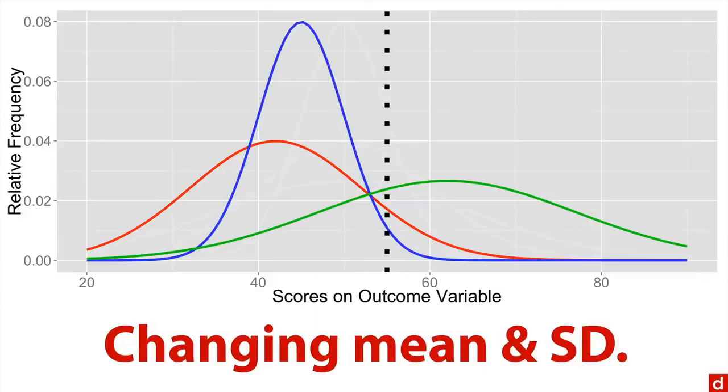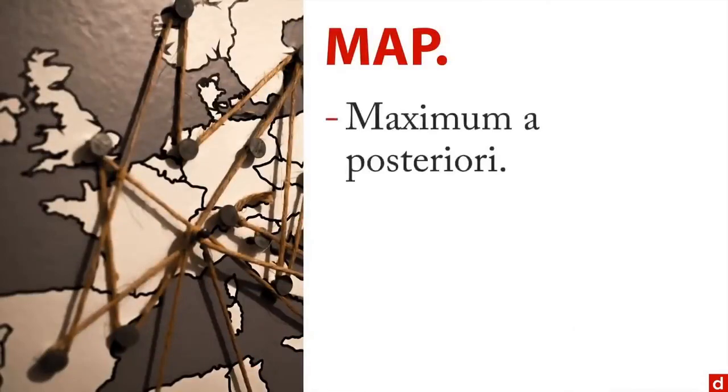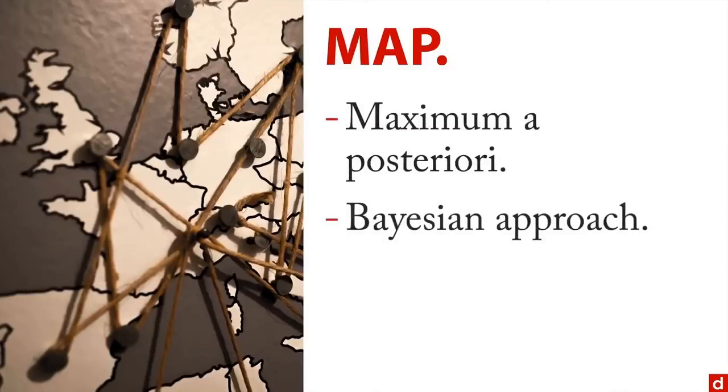The question is when you have many variables in your data set, then it's a very complex process of choosing values that can maximize the association between all of them. But you get a feel for how it works with this. The third approach that's pretty common is something called MAP, for maximum a posteriori. This is a Bayesian approach to parameter estimation.